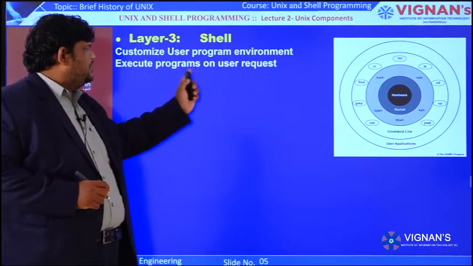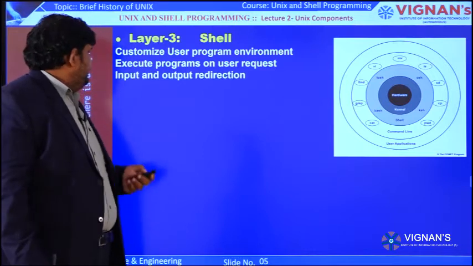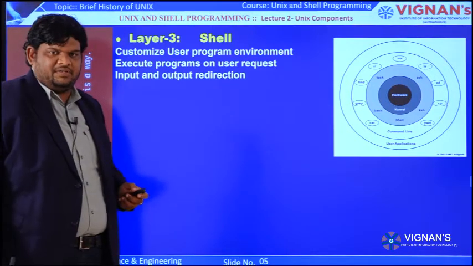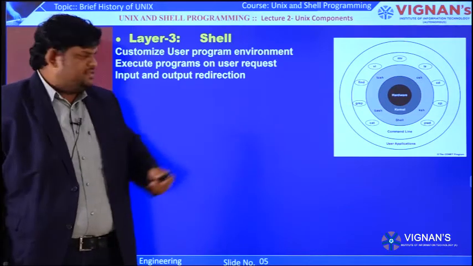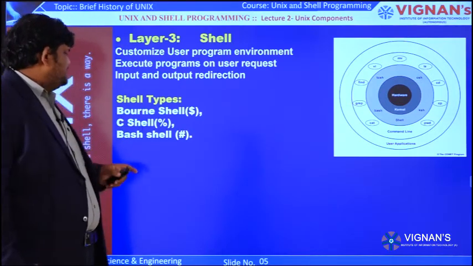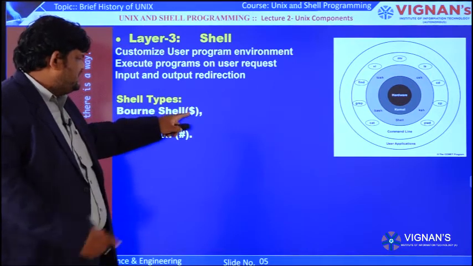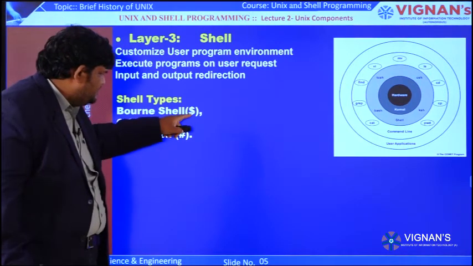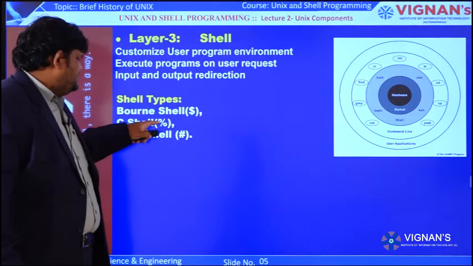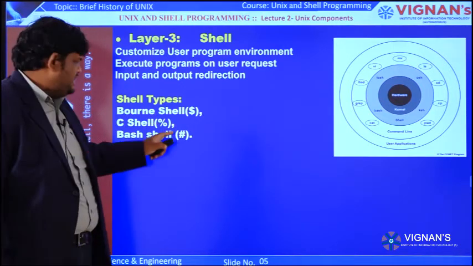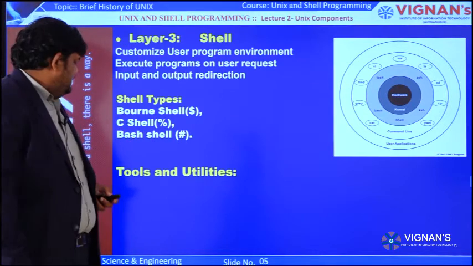Next, input and output redirection. Later on, we will see an example of how input and output redirection works. Coming to shell types, we already saw Bourne shell. In the starting of the lecture we observed the dollar symbol, that is the Bourne shell. If it is a percentage symbol, that is C shell. If it is hash, then it is bash shell.